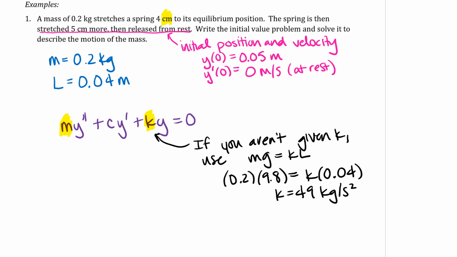A lot of times when I write problems, on written assignments or exams or quizzes, we'll say assume no damping. But on your MyMathLab homework, if it doesn't say anything about damping, you're going to just assume that damping is 0. So that's really assuming an ideal frictionless system.